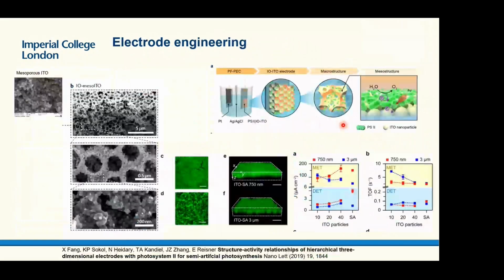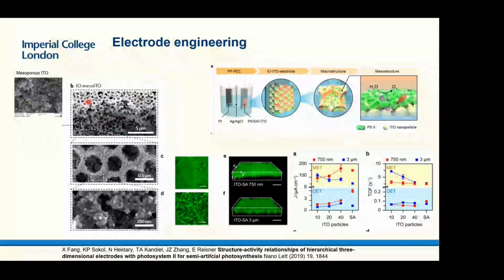I will skip this because I will just go very briefly into the work of the group of Erwin Reisner, where they developed a very beautiful highly porous indium tin oxide mesoporous structure.